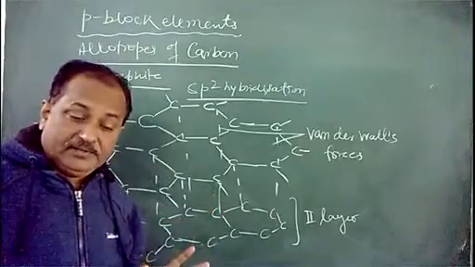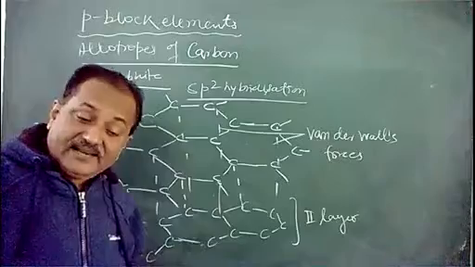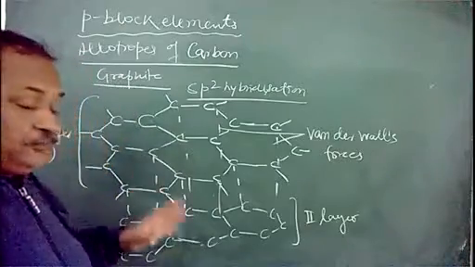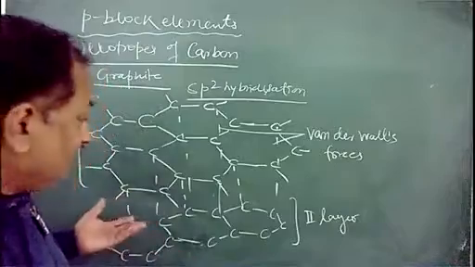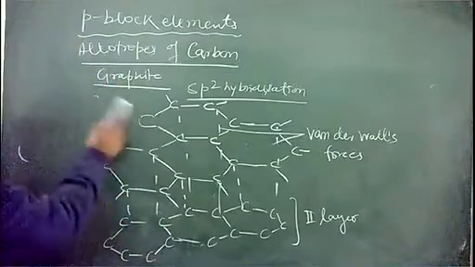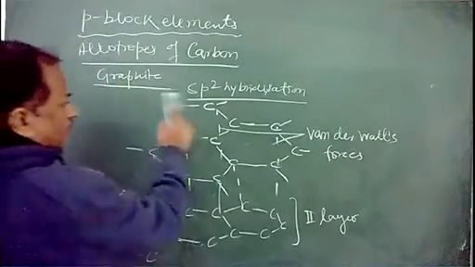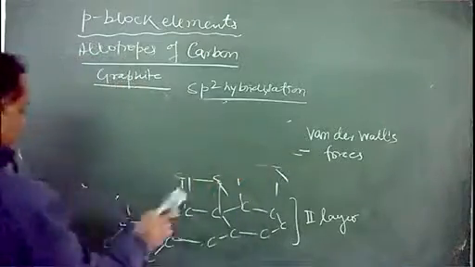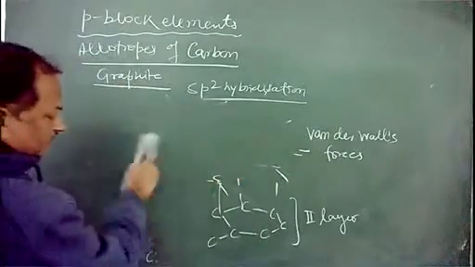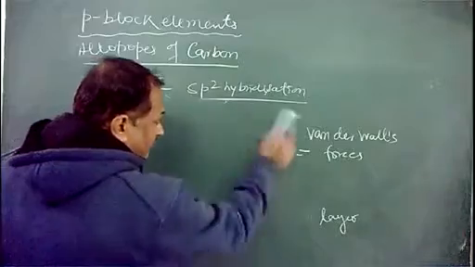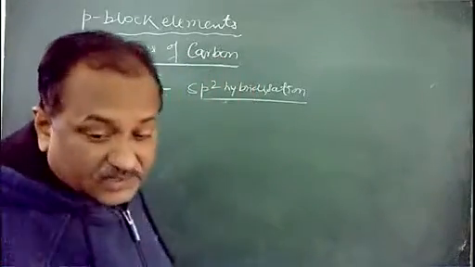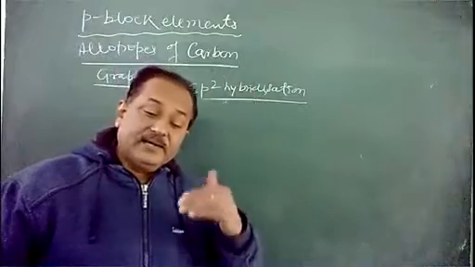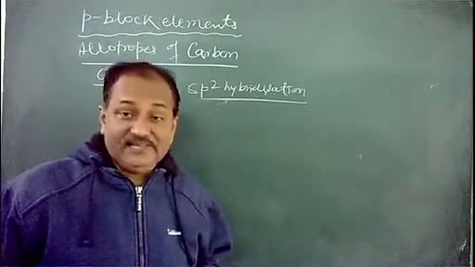You all must know, van der Waals forces are nothing but very poor attractive forces, and as a result, graphite is very soft. Due to van der Waals forces, the layers can slide over each other.